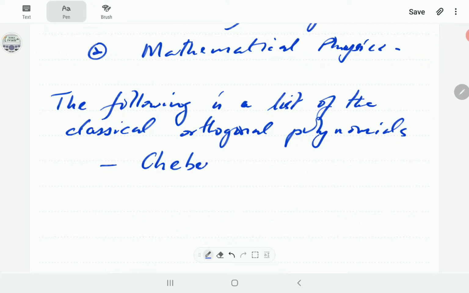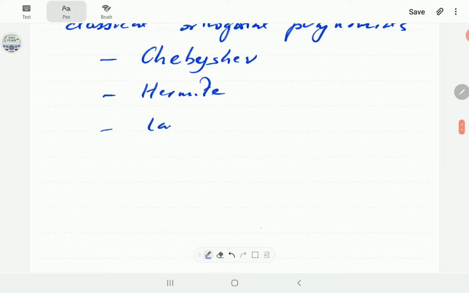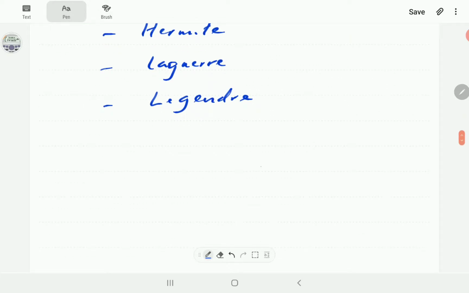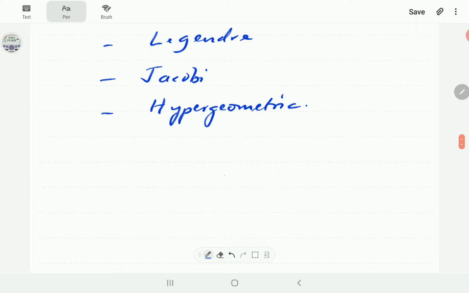So there are the Chebyshev polynomials, Hermite polynomials, Legendre polynomials, which we'll study, Jacobi polynomials, and hypergeometric polynomials. Okay, so we're going to end there with that list.